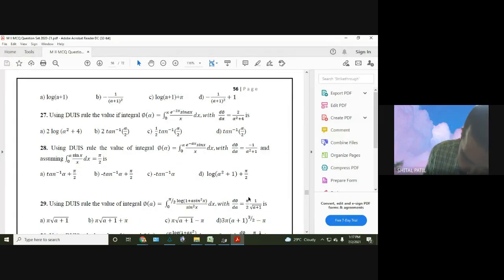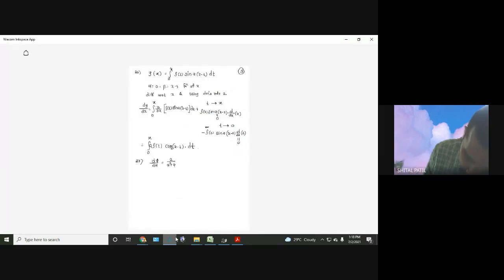27. D phi by D alpha equal to 2 divided by alpha square plus 4. Integrate. So derivative is 2 as it is.